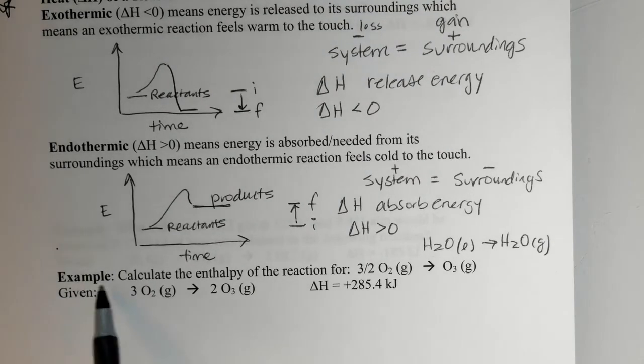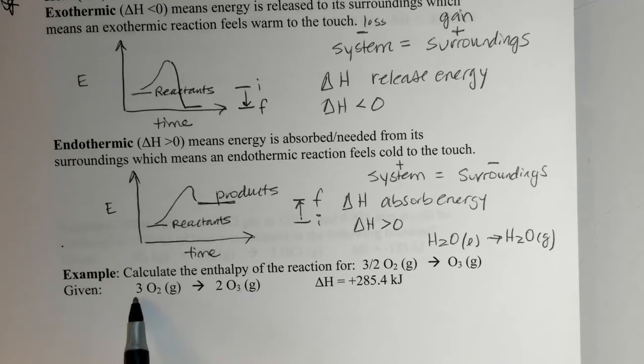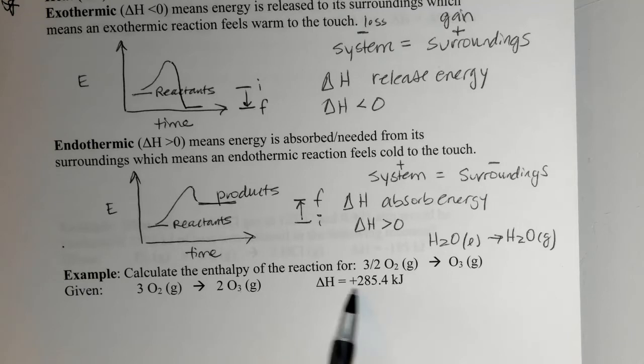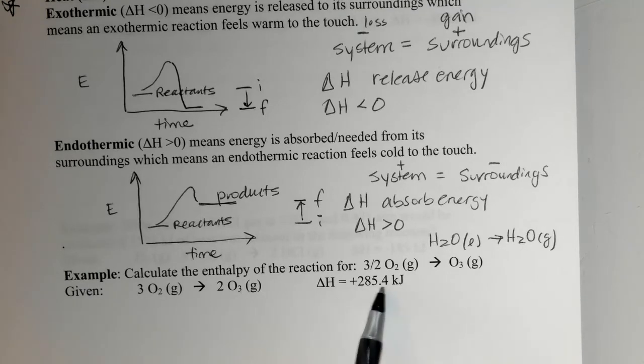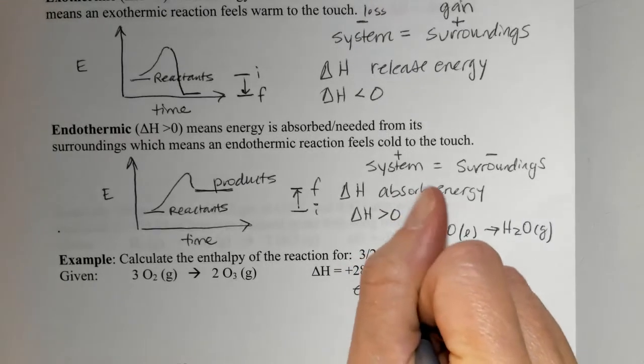So when we look at enthalpy of reaction, now we're going to start looking at enthalpy as another stoichiometric measurement or calculation that we can do. In this reaction here, we're taking oxygen and turning it into ozone. And that is an endothermic process. Delta H greater than 0, so endothermic.